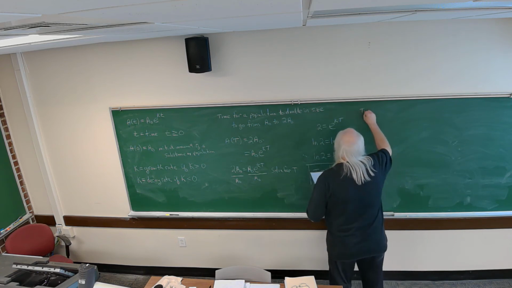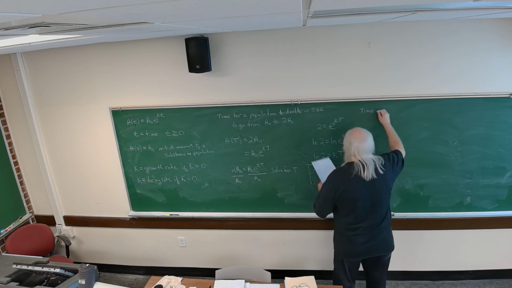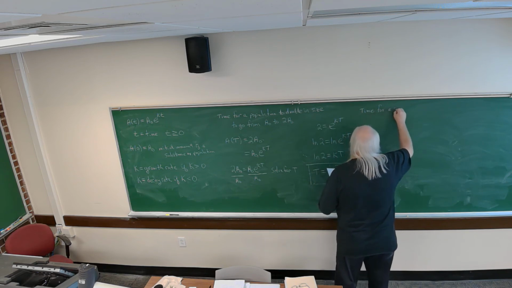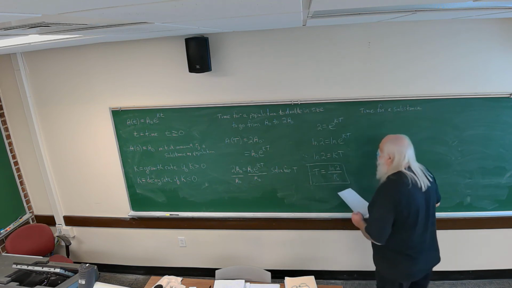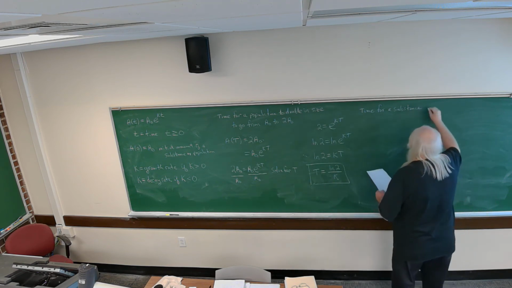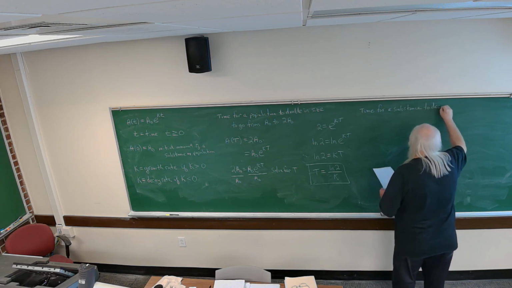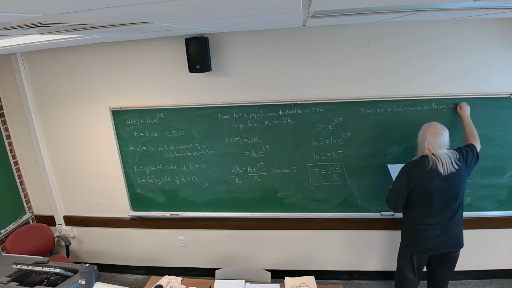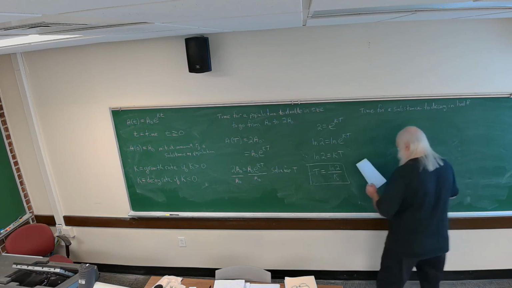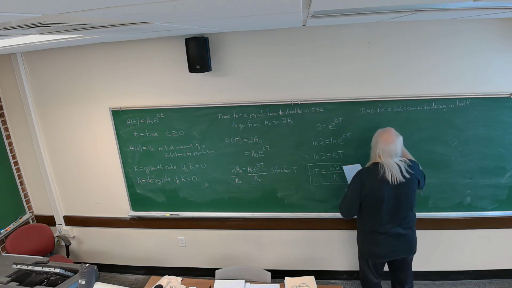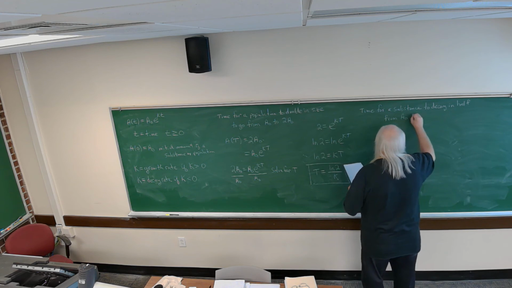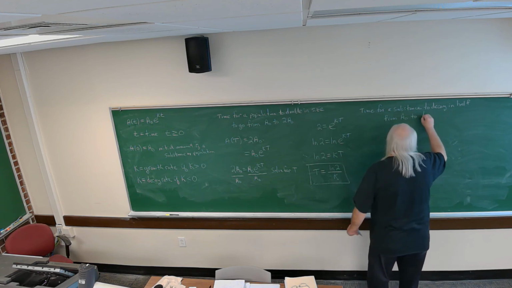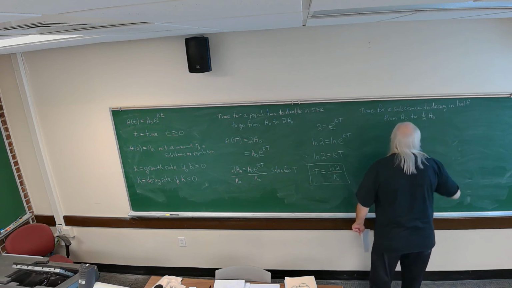Well, next, we're interested not in the time it takes for a population to double in size, but for a substance to decay in half. From its initial amount, right, to 1/2 its initial amount, right?